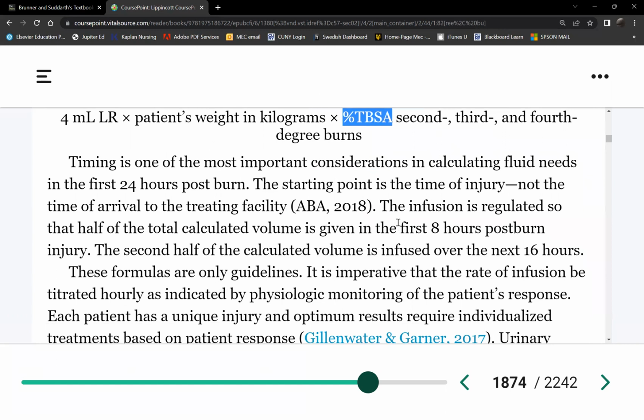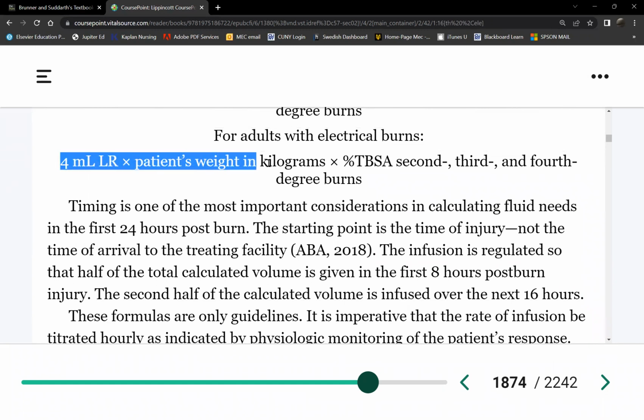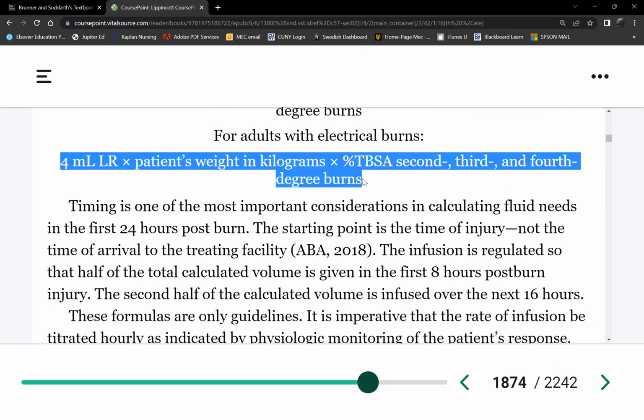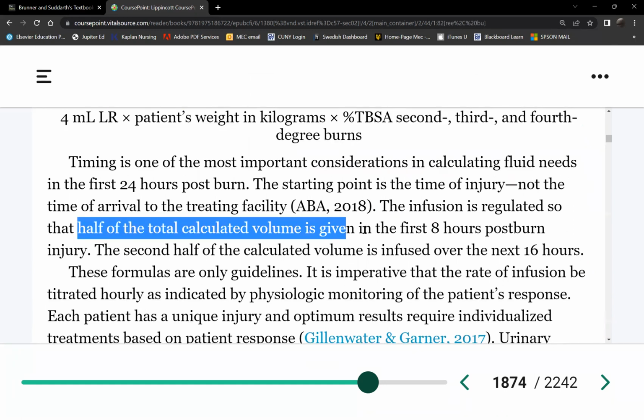How is the total fluid we calculate here given? Half will be given over the first 8 hours. And when do we count the first 8? From the time of the burn. And what about the other half?